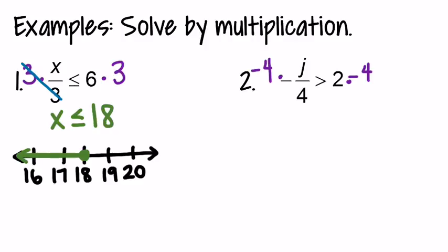So multiplying by a negative, this greater than symbol is now going to become a less than symbol. Anytime you multiply or divide by a negative. So the negative 4 times j divided by negative 4 is going to cancel. So I'll be left with j on the left-hand side. And then on the right-hand side, when I do 2 times negative 4, that's going to be equal to negative 8.